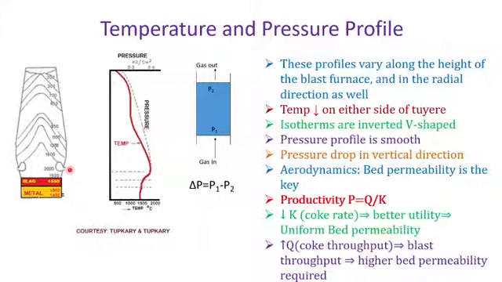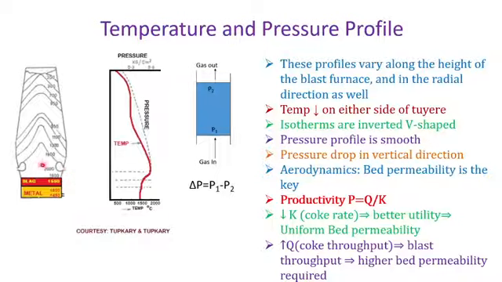The maximum temperature is therefore generated in front of the tuyeres, where the coke burns when it comes in contact with the hot blast. The temperature may be as high as 2000 degrees centigrade in front of the tuyeres. The temperature inside the blast furnace decreases on either side of the tuyeres.